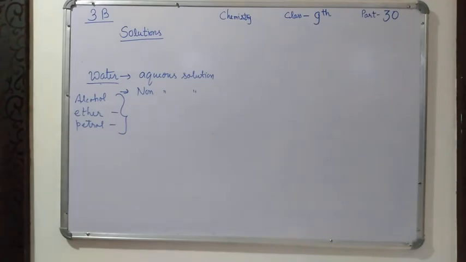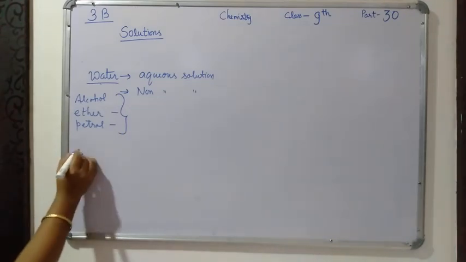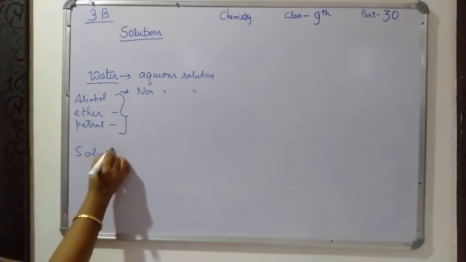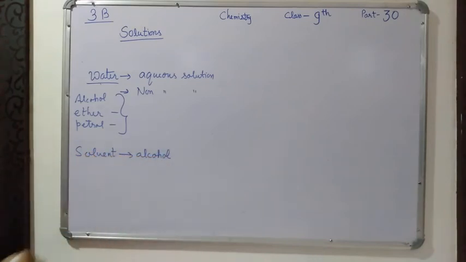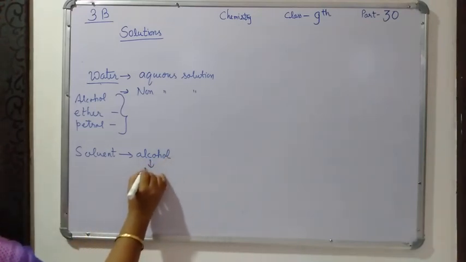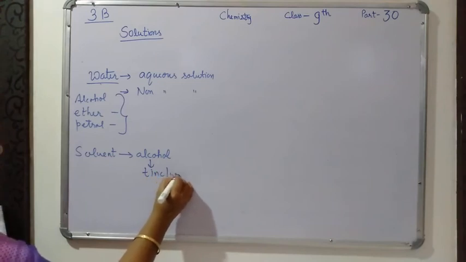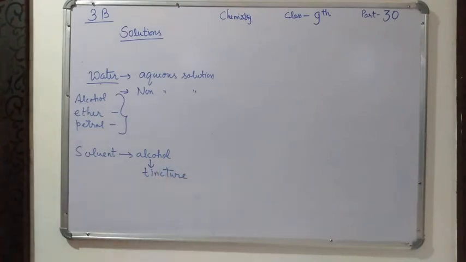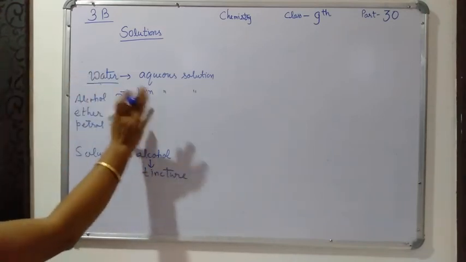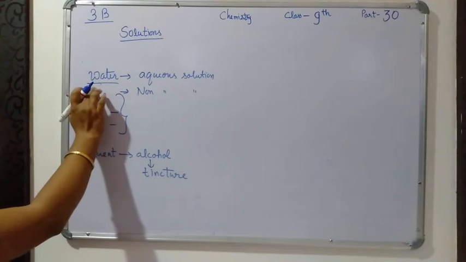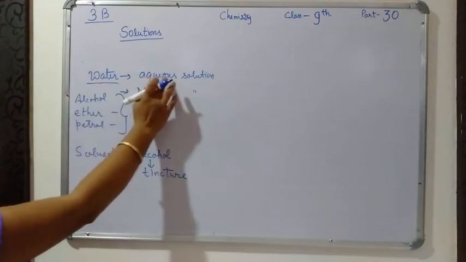When the solvent is alcohol, that type of solution is called a tincture. Tincture of iodine is a solution of iodine in alcohol. So the solution in which water is the solvent is called an aqueous solution.